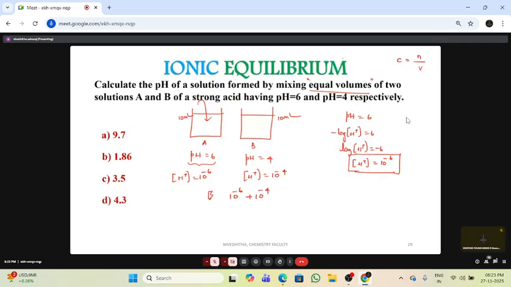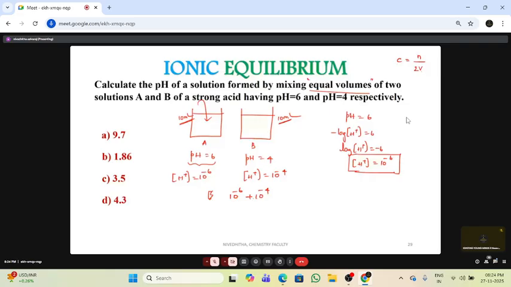See, for example, initially the volume was 10 ml, and here also the volume is 10 ml. If you mix both the solutions, then we'll end up with 20 ml of the solution. The volume of the resultant solution is 2 times the volume of the original one, right? So accordingly, volume will increase by 2 times, so concentration will decrease by 2 times, right?